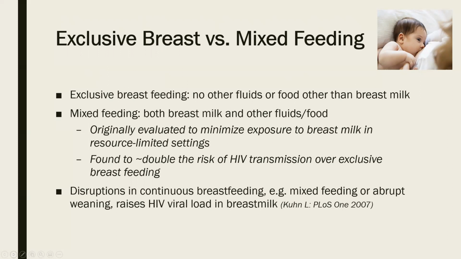This is because disruptions in continuous breastfeeding actually raise the HIV viral load in breast milk. In addition, the different types, breast versus formula feed, that go into the infant's gut may have a greater chance of irritating the gut mucosa in the infant, making HIV transmission across the gut barrier higher.